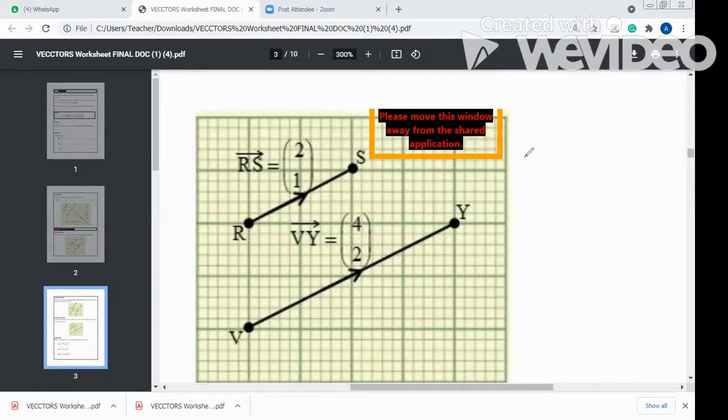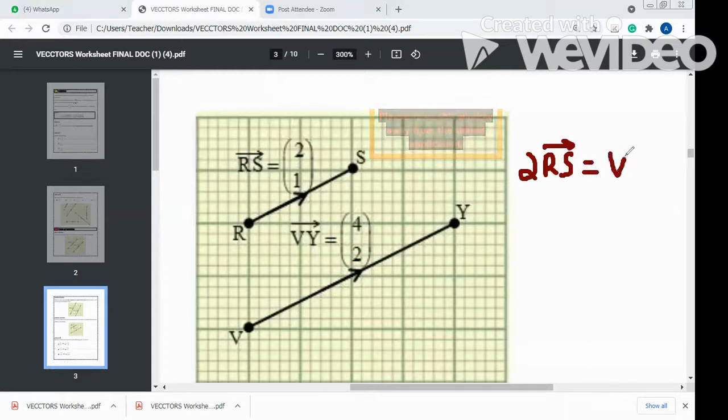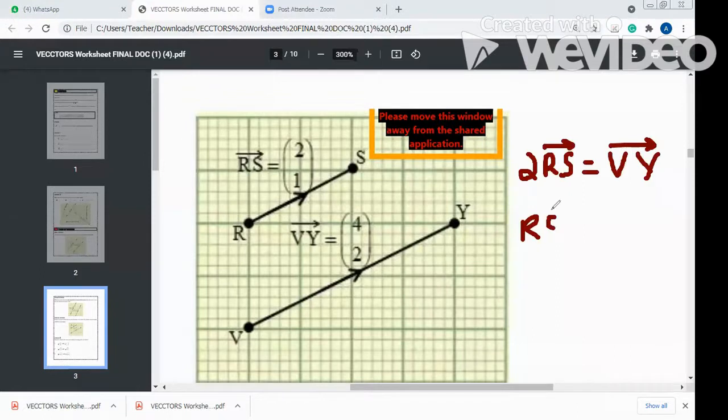Sometimes we get something like this. We get this vector equation, 2RS is equal to 1 VY. Or you could say RS is a half VY.